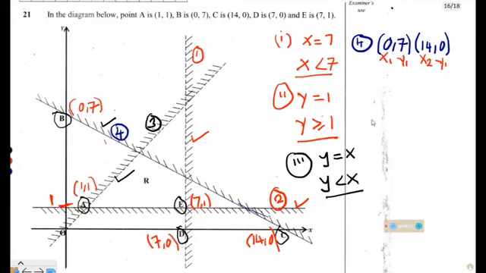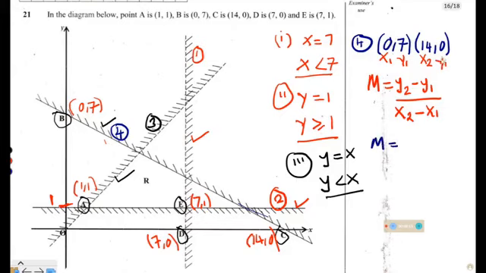So first thing, let us find the gradient, of which the gradient formula is m is equal to y2 minus y1 over x2 minus x1. So from there we just need to plug in. So what is the value of y2?